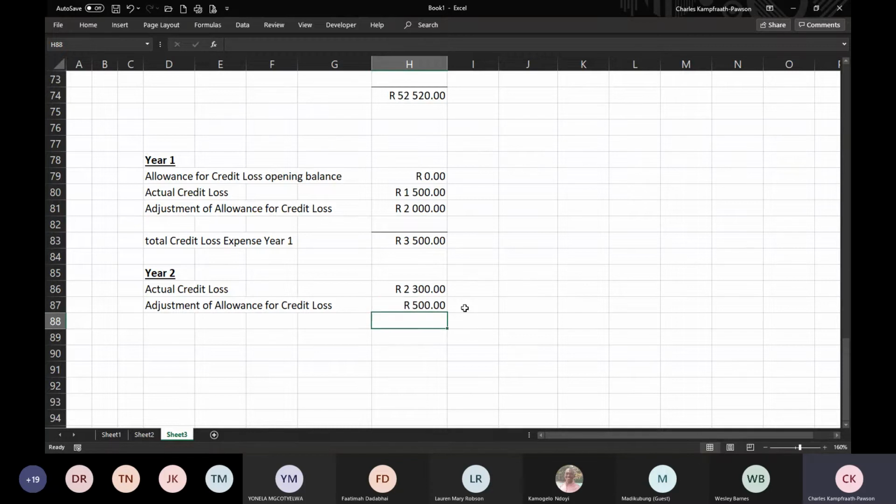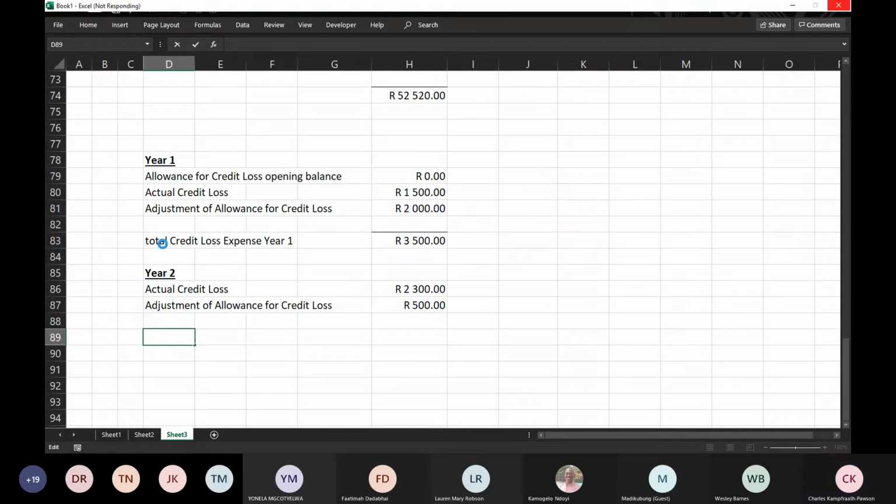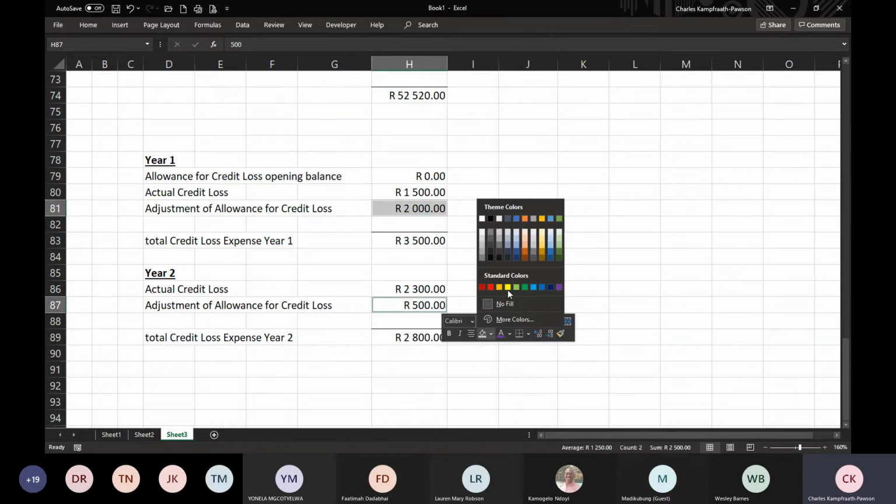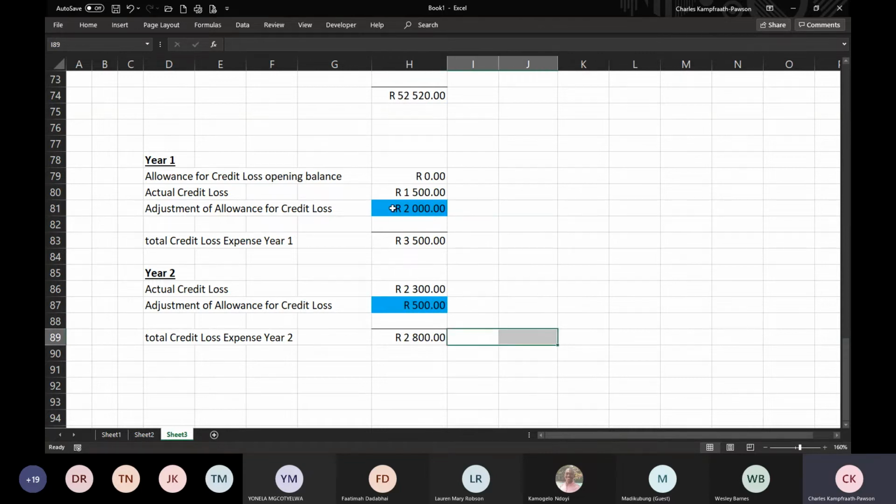Now the allowance top up will only be 500. So my total credit loss expense in year 2 will be this, but what I want you to see here is that every year that we made an adjustment for the allowance, it went through the profit and loss. Can you see that it made my profit less?